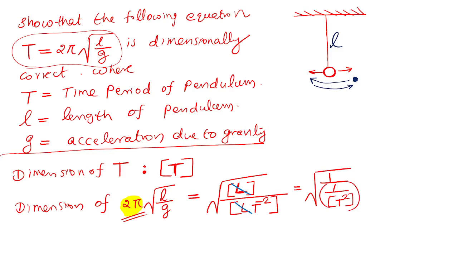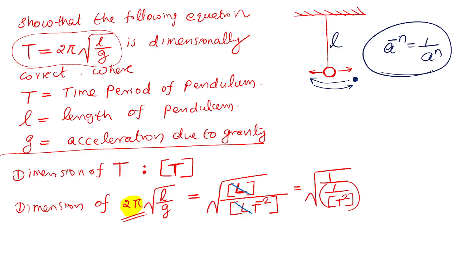Don't worry about this square bracket. I explained in the previous class that a raised to minus n is 1 by a raised to n. So T raised to minus 2 is 1 by T square. So 1 by 1 by T square.